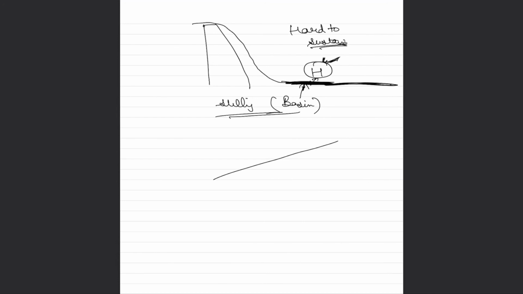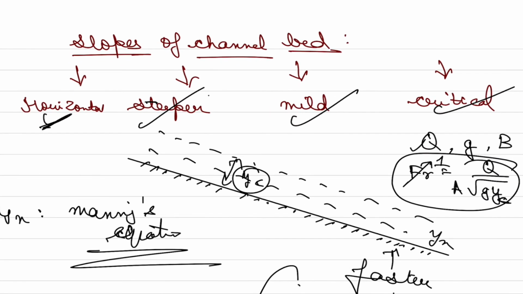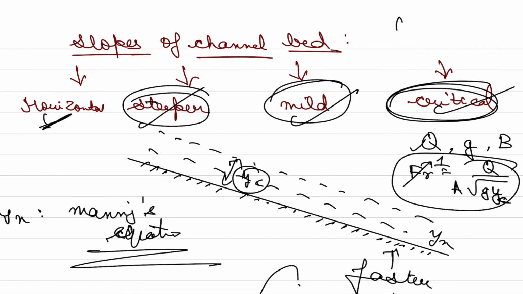Then we also have adverse profiles. Theoretically, we can have a channel like this where water has to go against the gravity and climb up. As you can imagine, both these scenarios, where we have adverse slope or negative slope or horizontal slope, are going to be rare encounters. So the most common encounters are going to be our steeper slope and mild slope, whereas critical slope is just one point because yn has to be equal to yc exactly.